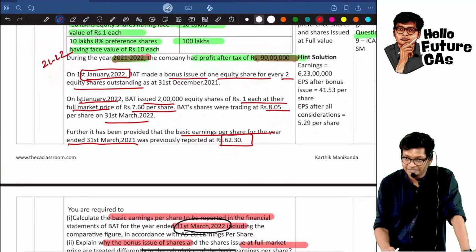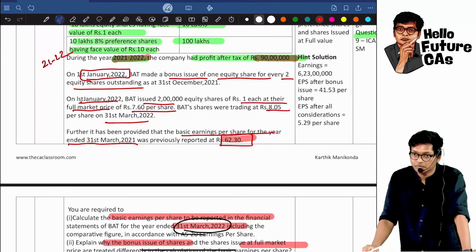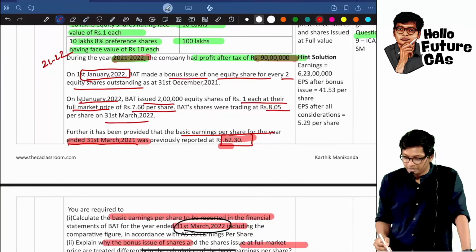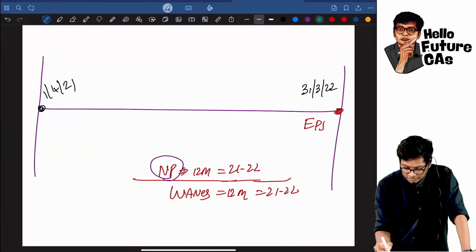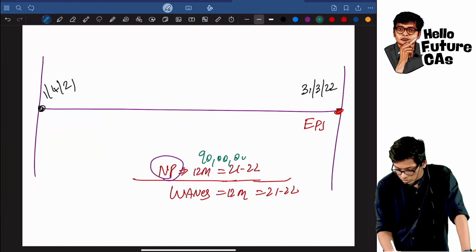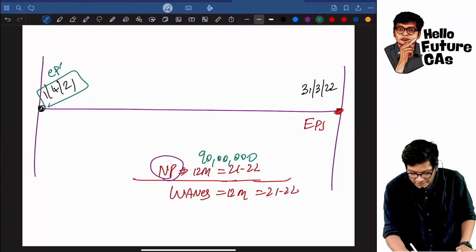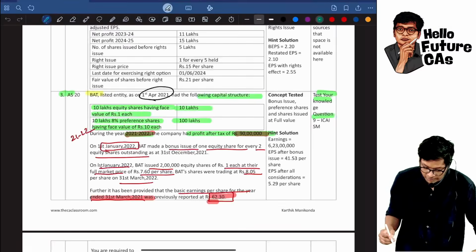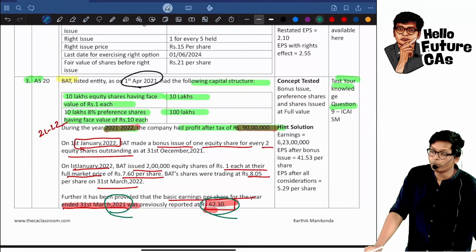Are you following, guys? And they have also given the EPS of last year. EPS as at 31st March 21 is 62.30. So this year net profit is given straight away as 90 lakhs, but they have also given last year's EPS.